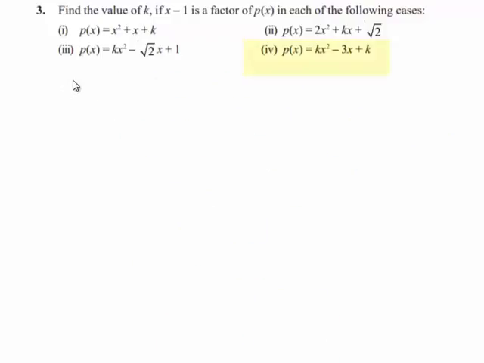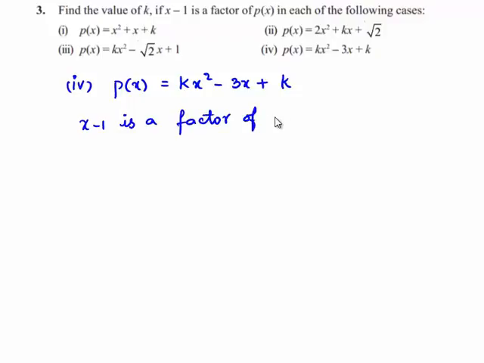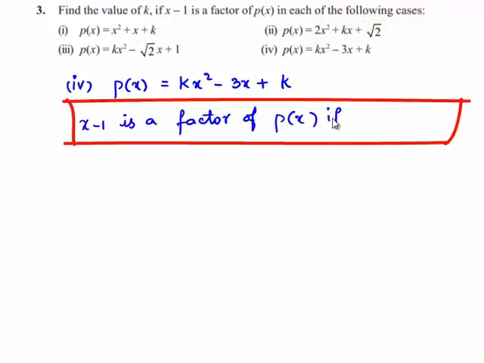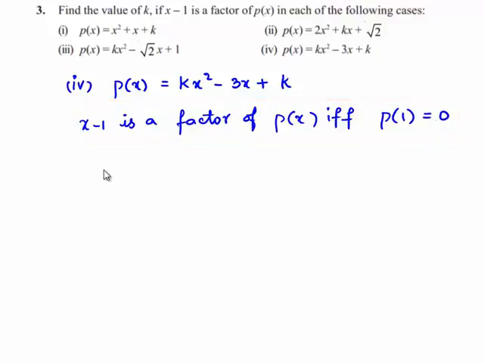Coming to the fourth bit, which is p of x is equal to kx square minus 3x plus k. So by factor theorem, x minus 1 is a factor of the given polynomial p of x if and only if p of 1 is equal to 0. So let us find p of 1 first. P of 1 is equal to, substitute the value of 1 in place of x in the given polynomial p of x.